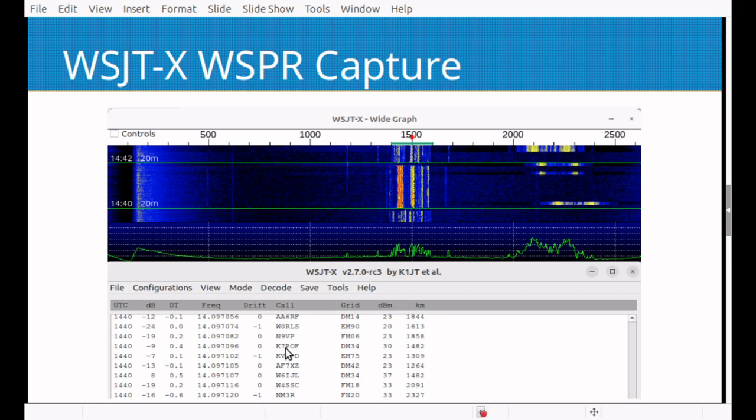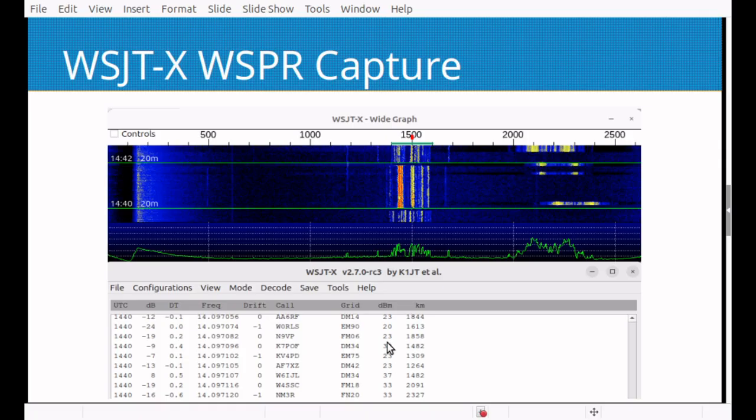These are the call signs, which you recall is embedded in the 50 information bits. The grid, which is also embedded, and these are 4-digit grids. They don't transmit 6 or 8-digit grids. And this is the transmit level as encoded at the transmitter, not measured at the receiver.